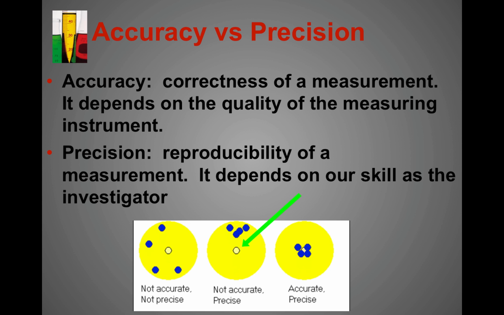You have good precision. And the final picture shows what we really want to get all the time we're making measurements in the lab: accuracy and precision. All of the measurements are close together and they're in the center of the diagram.